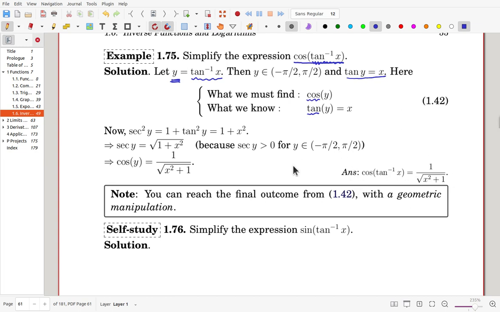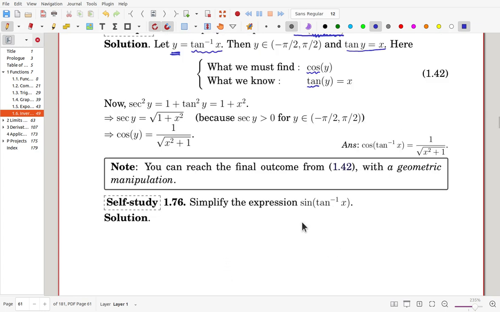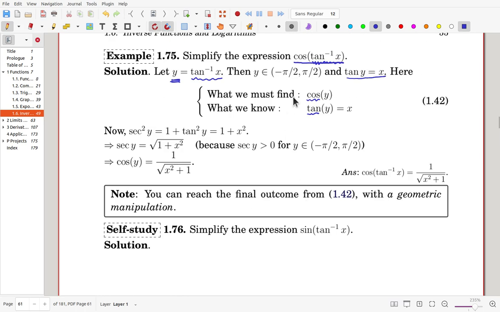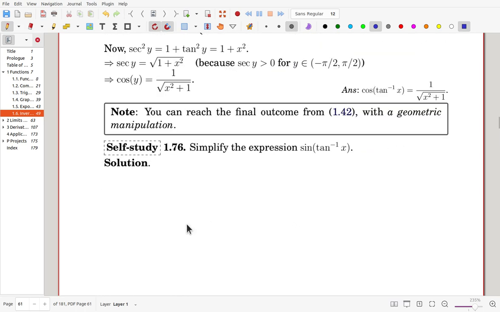Now, this algebraic manipulation seems quite complicated. But by using geometric manipulation, you can do it a much better way. Let's try to simplify this expression: sine of tangent inverse of x. After doing this one, we'll go back to that problem and do it a much better way.